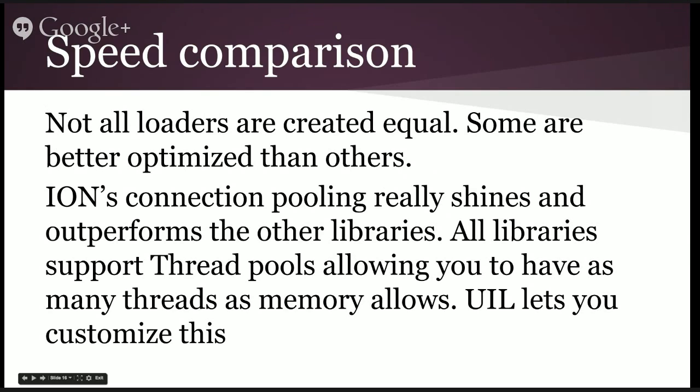I mean, it's no scientific comparison, but it's good enough to get an idea of what does what. I'll confess that this slide is a little bit outdated. I'm talking about Ion's connection pooling, and at the time when I first created this slide, that library was the only one that really had that.